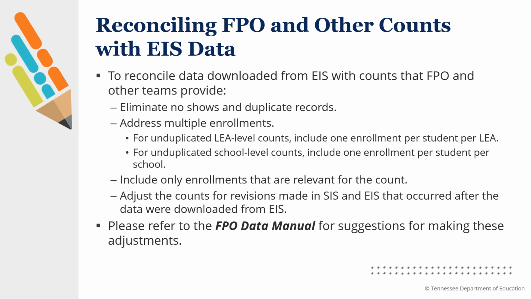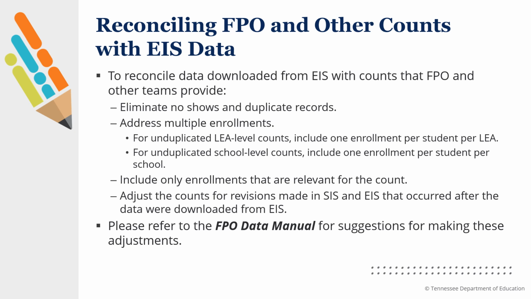What you'll need to do is eliminate no-shows and duplicate records. You'll need to address multiple enrollments. For unduplicated LEA-level accounts, include 1 enrollment per student per LEA. For unduplicated school-level accounts, include 1 enrollment per student per school. Include only enrollments that are relevant for the count.